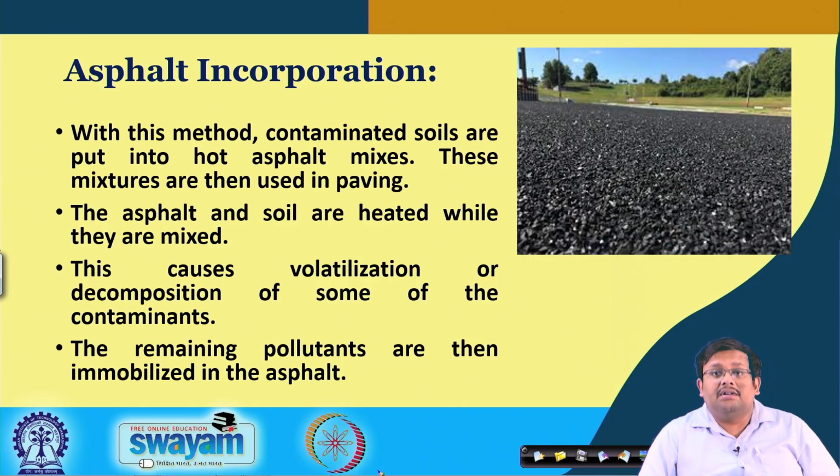The remaining pollutants are then immobilized in the asphalt. So, in this process the asphalt is mixed with the contaminated soils, and then they are used for paving the ground or the road.